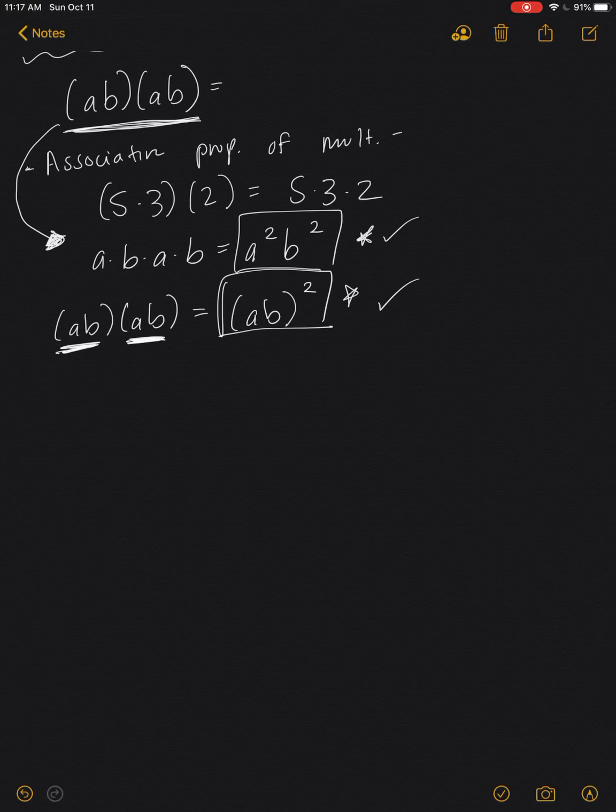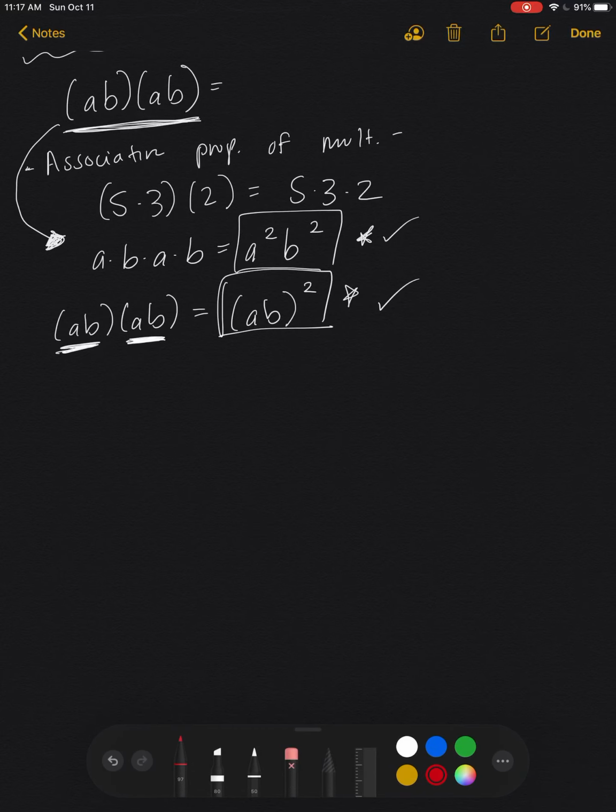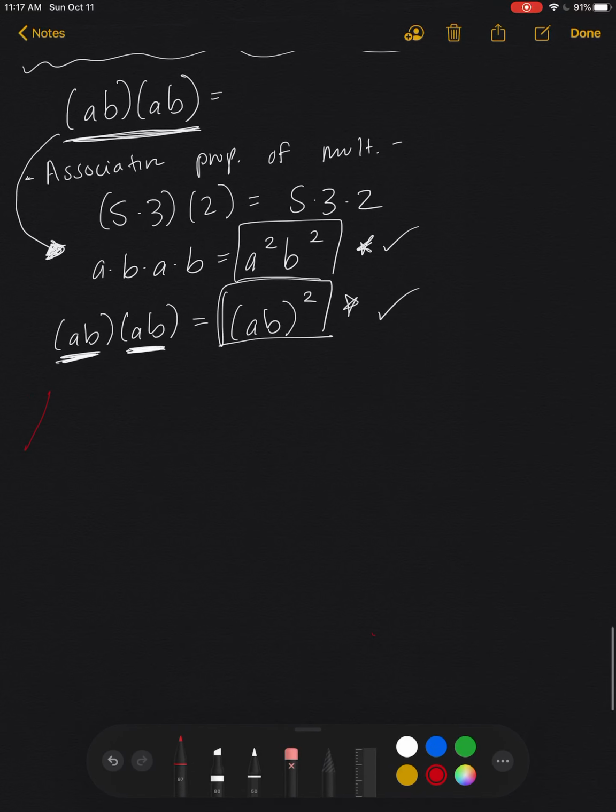But I want to bring this up because of what a lot of students sometimes do. This is going to be the wrong way, and I'm going to do it in a different color just to emphasize that. Students will say, okay, this is repeating, and they'll just write A, B squared. This is actually different.